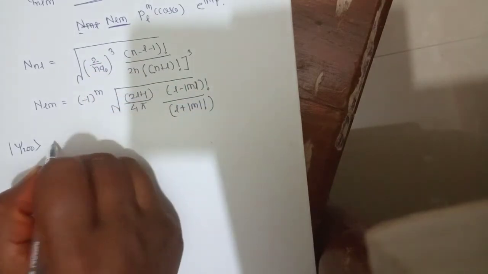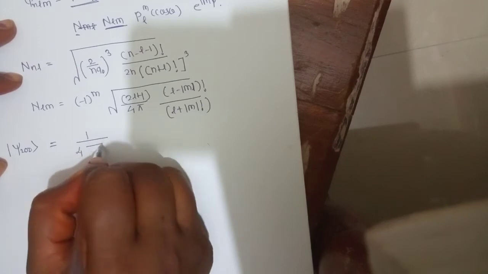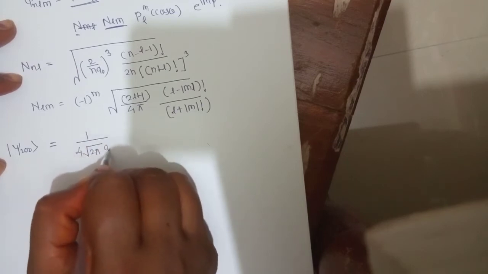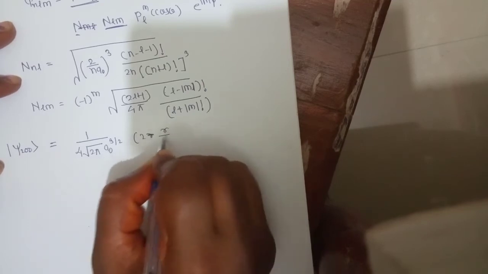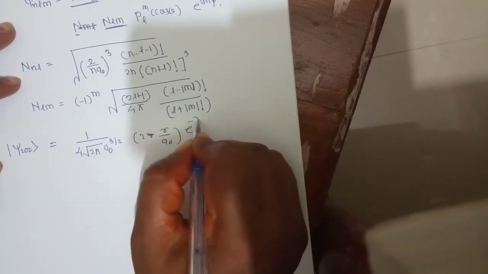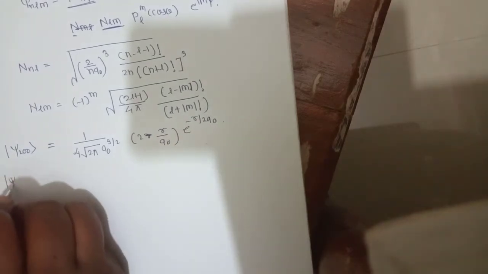So psi 200 is equal to 1 by 4 times the square root of 2 pi, a naught to the power 3 by 2, times (2 minus r by a naught) times e to the power minus r by 2 a naught. This is psi 200.